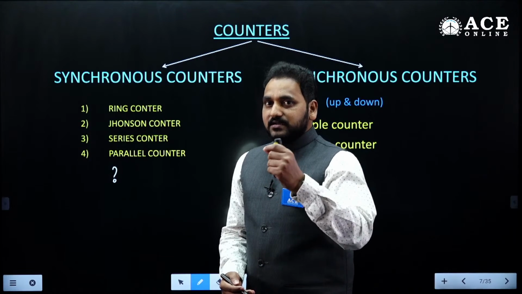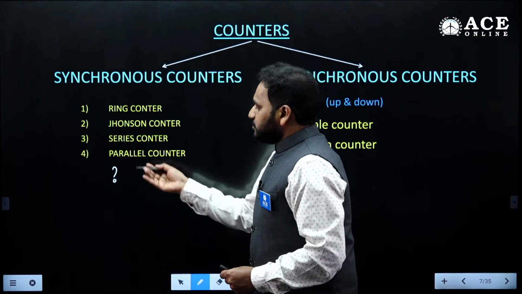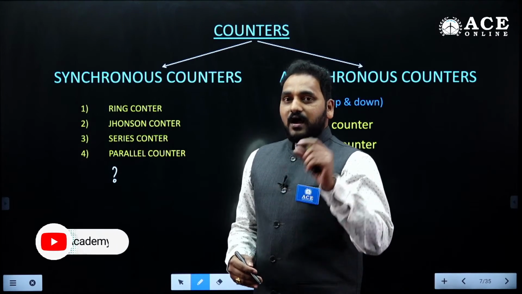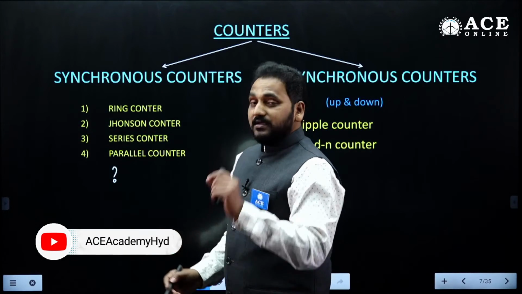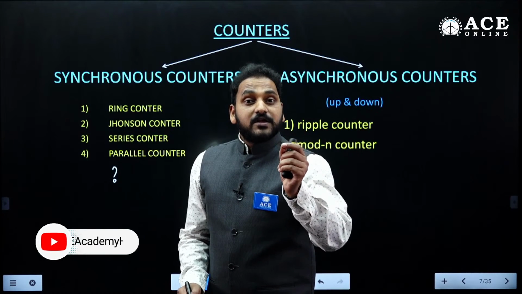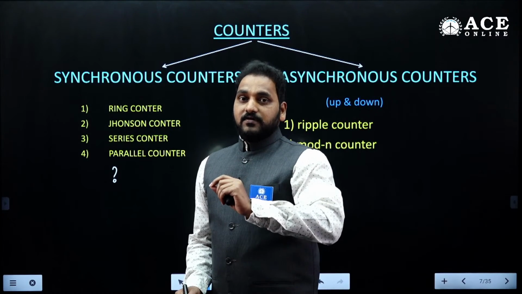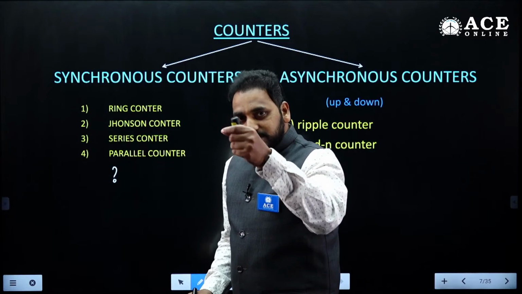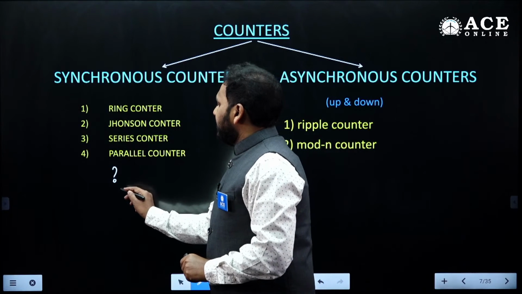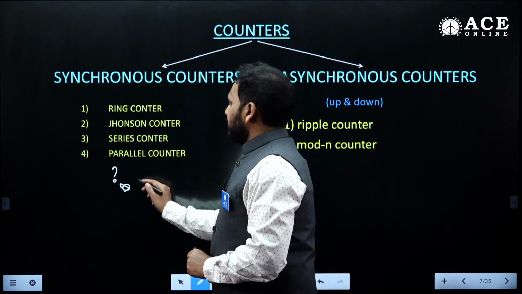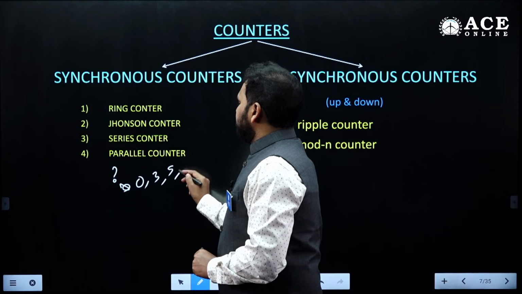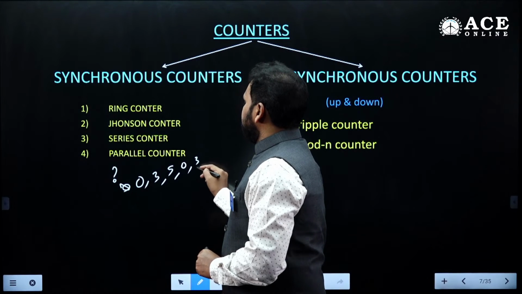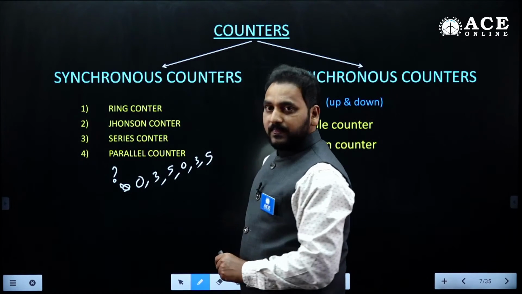Of course, that is a main and typical topic. Yes, we need to design our own counter. I am giving the clock pulses, and I am expecting the count sequence like this, the decimal equivalent of the count sequence of a certain counter: 0, 3, 5, 0, 3, 5 like that.